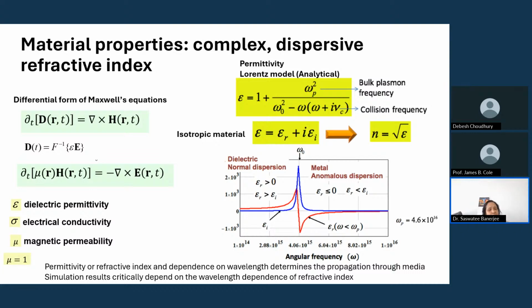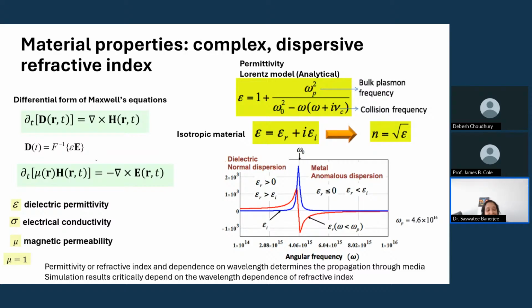But one thing we need to understand for simulation purposes, from the applied scientist's point of view, is that in many devices, thin films of different materials are used. When you are depositing thin films, the refractive index can depend on the deposition conditions, the actual process conditions and process types.